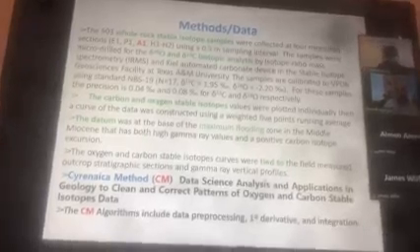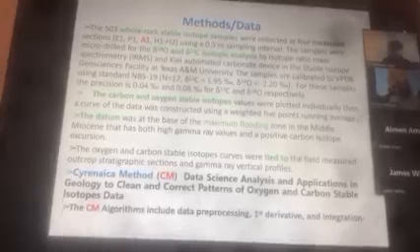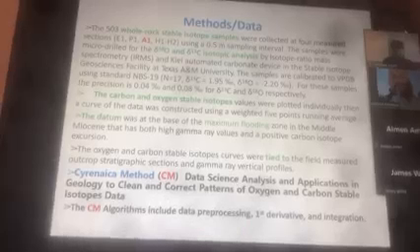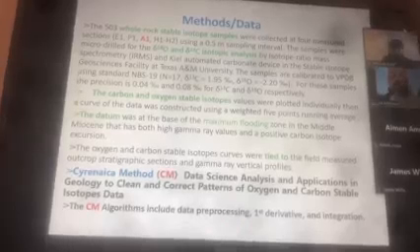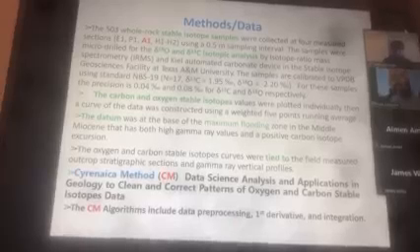Methods and data. As we said, we did whole rock stable isotope samples. We chose A1 as it has a complete set of data. And we got the oxygen and the carbon isotopic signatures or values, okay?